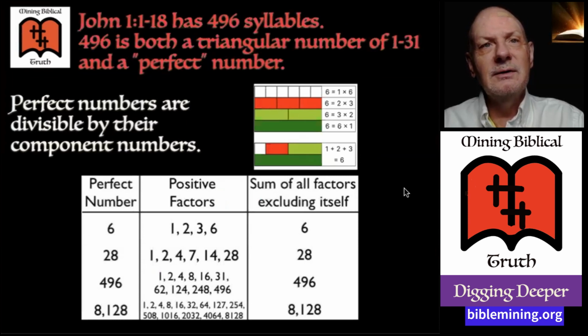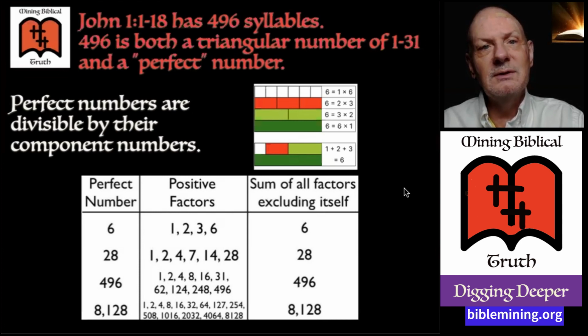Now, John 1, verse 1 through 18 has 496 syllables. 496, as shown in the box at the bottom, is a triangular number. And you can see in these series of triangular numbers shown that they're exponential.